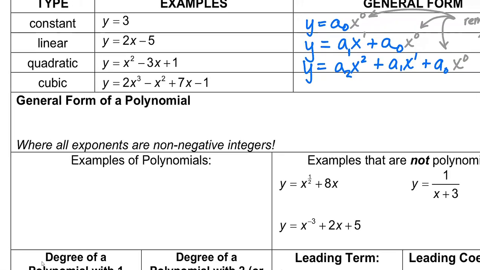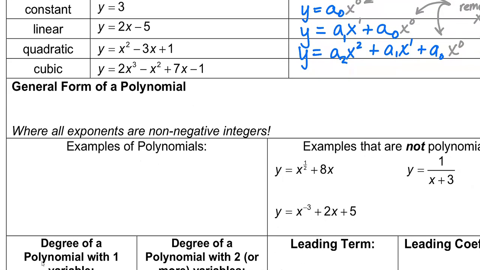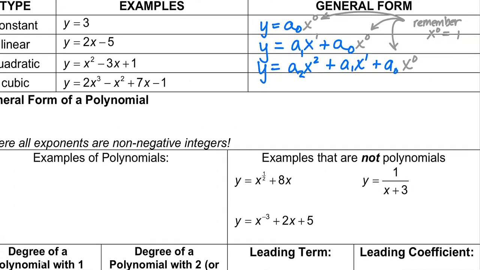Okay, so now we're in algebra 2. We're going to start graphing things that have a higher power than a quadratic. So this is a cubic here, where the highest power is a 3, or higher. You can see I could add another variable and do A, B, C, and D, but again, we're trying to show relationships.